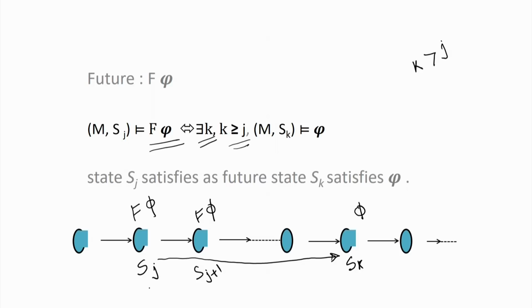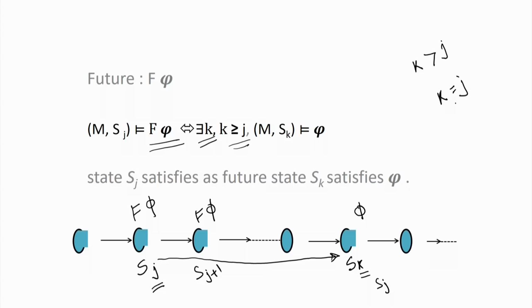Okay. So, this is the time, S j plus 1, like that we are coming to some state S k, where time is progressing in this direction. So, if it is having k greater than j. Now, what will happen if k equals j? That means this particular state itself is your S j also.